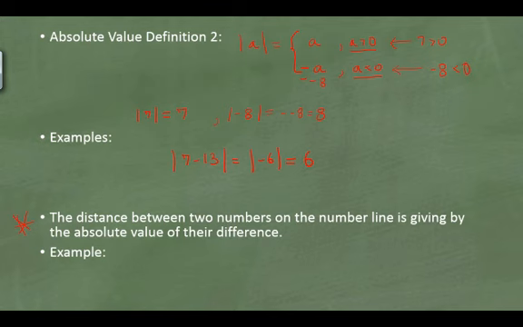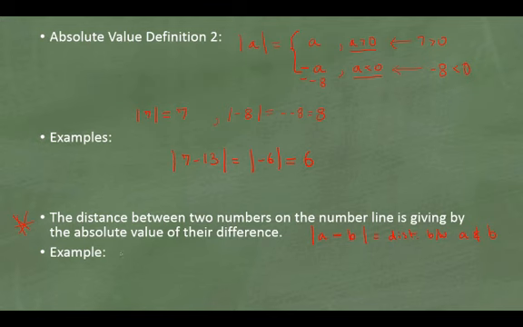The distance between two numbers on the number line is given by the absolute value of their difference. That means that the absolute value of the difference of two numbers, so we're subtracting two numbers, say A and B, is just the distance between A and B.